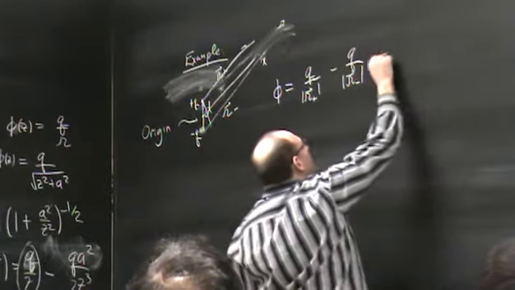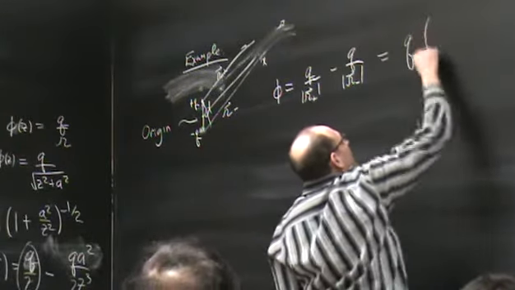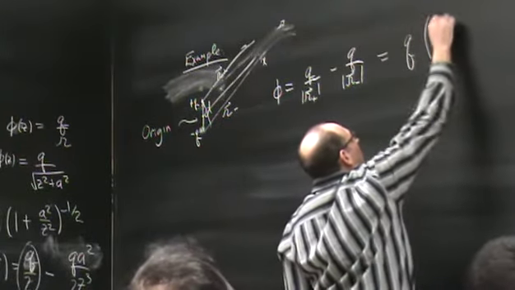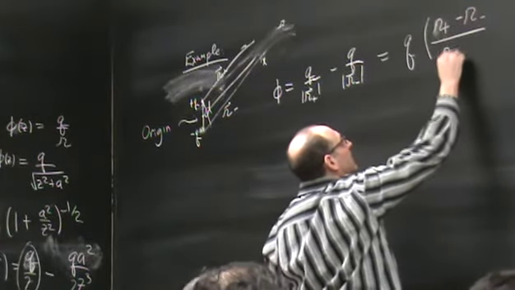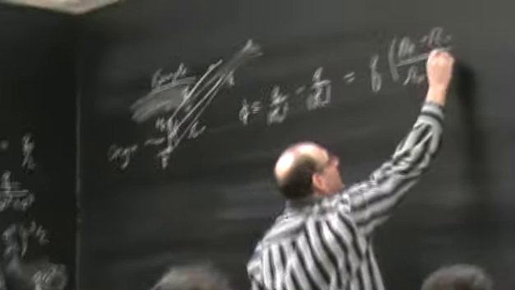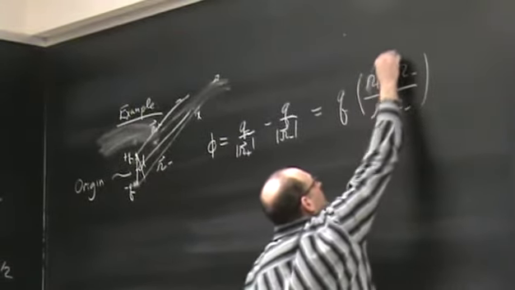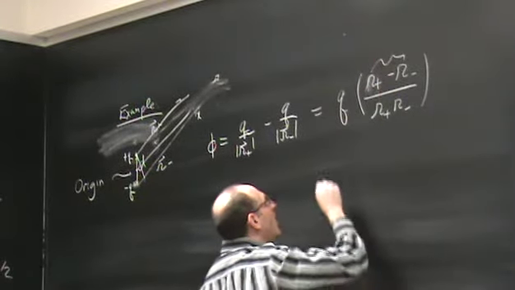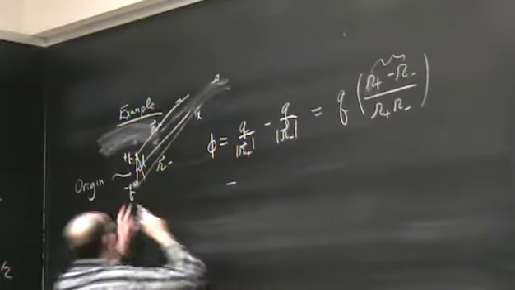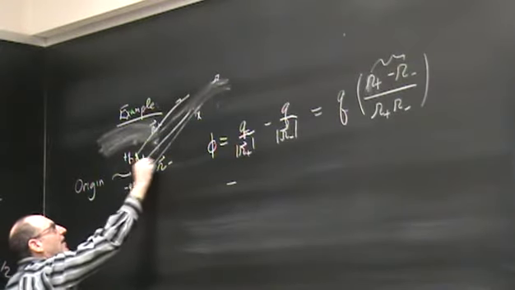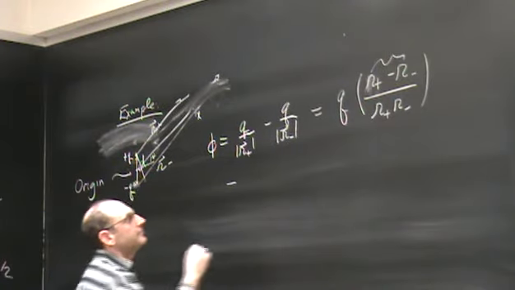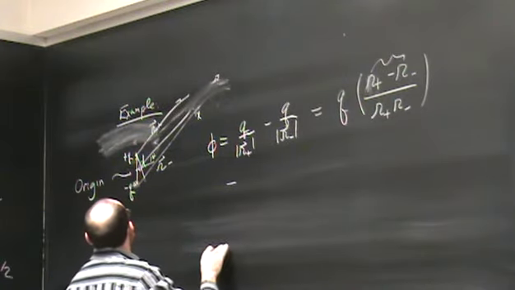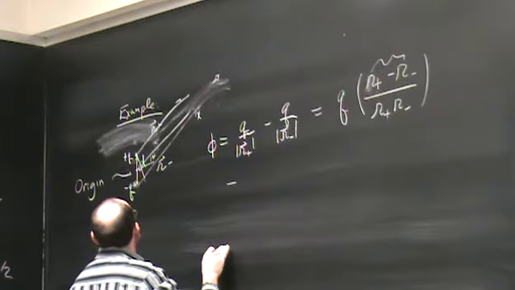I write this as q times (R plus minus R minus) divided by R plus times R minus. This difference in those path lengths, if I call this angle theta, is d cosine theta, or d sine theta.